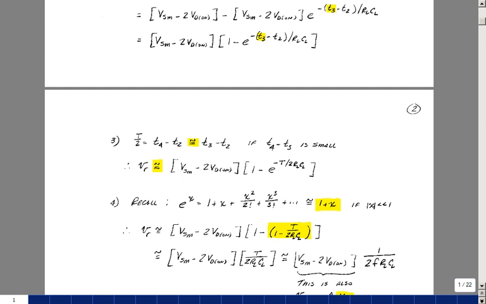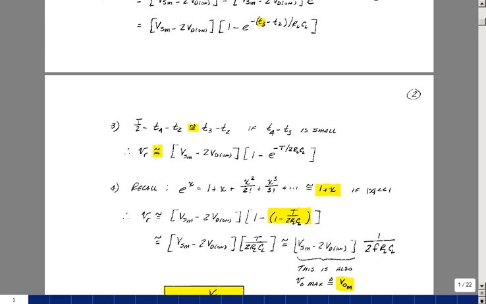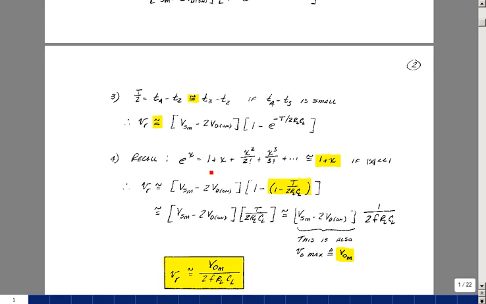Now, in the sketch we had on the previous page, there appeared almost to be a straight line in this exponential decay, and it really comes from this idea that you can think of the exponential as a power series. And if the power is small, then squaring it and cubing it won't have much of an effect. In our case here, the value of x is a small number because we've picked R sub L C sub L to be much bigger than half the period.